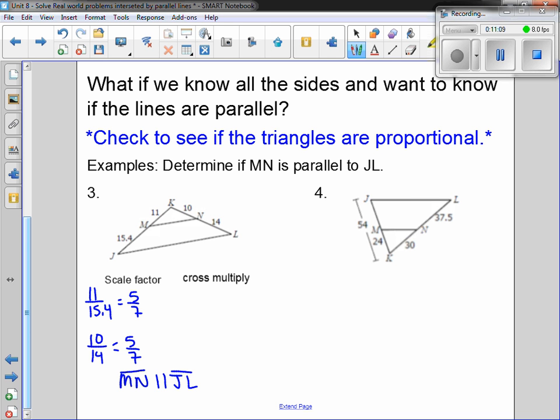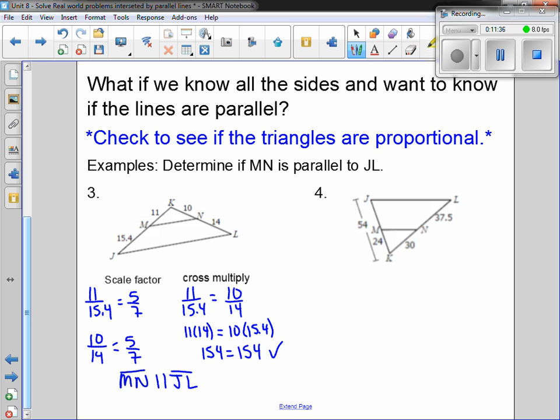I can also use the cross products by setting up 11 proportional to 15.4 and 10 proportional to 14 and cross multiply. 11 times 14 should be the same as 10 times 15.4. And they do in fact both equal 154. So therefore my lines are parallel. You can choose whatever method works best for you.